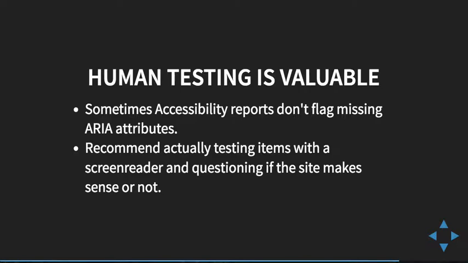So the example that I was talking about way back slides ago, where I was talking about the dates, I'm sorry, the years, that technically would not flag. I remember I found that as an issue when I was physically going through and testing something with JAWS, which is really fun, air quotes. And I was like, man, there's not a lot of context to this. I have no idea what these list items mean.